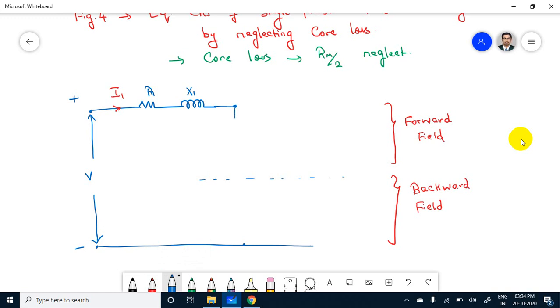So the leakage, magnetizing leakage reactance, I am drawing only this. Only Xm by 2 is available. Okay, Xm by 2 is available.